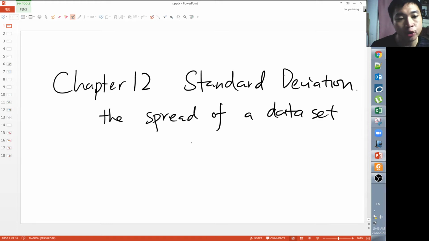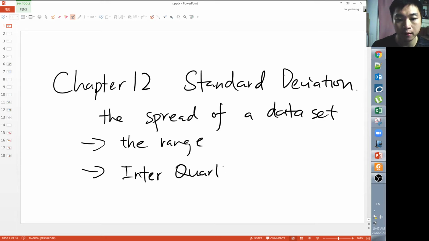And we have already learned some measures to tell us about the spread of a data set, for example the range of a data set and the interquartile range of a data set. So these are two possible measures to talk about the spread of a data set.